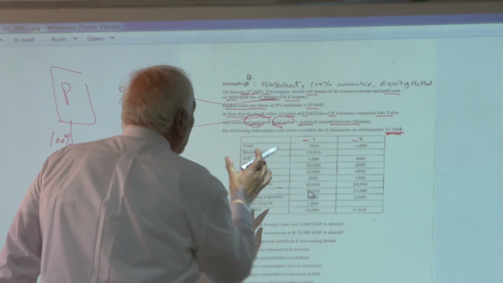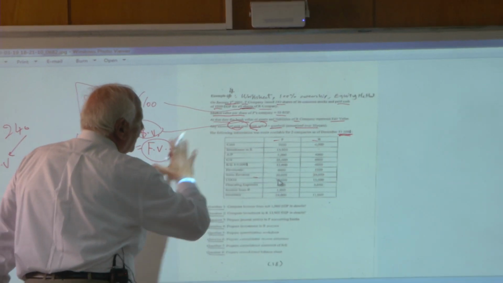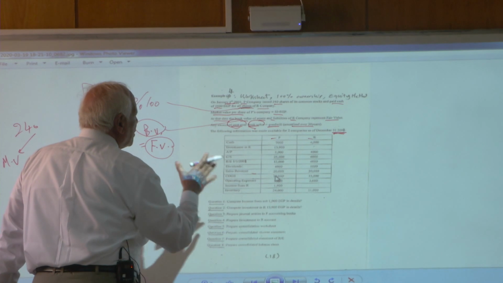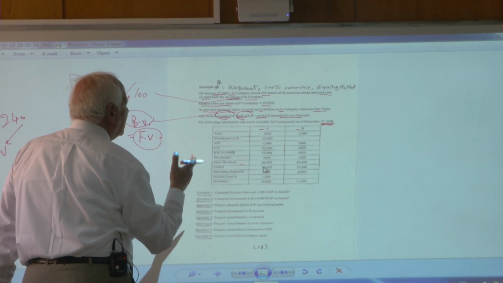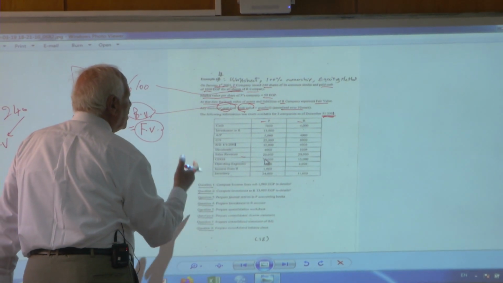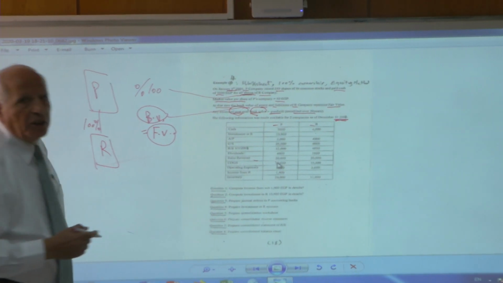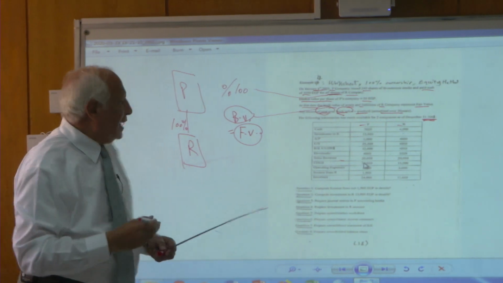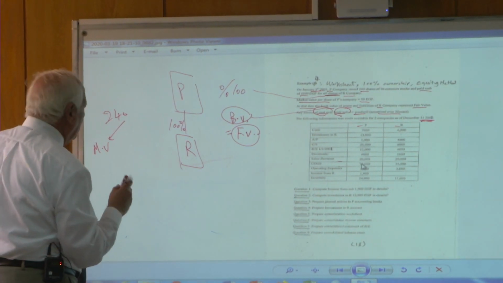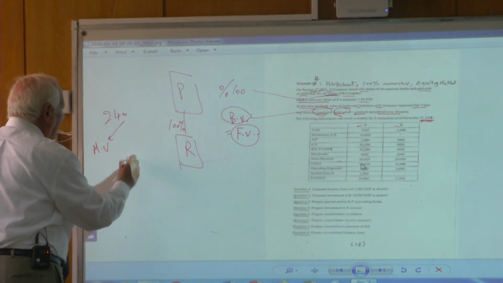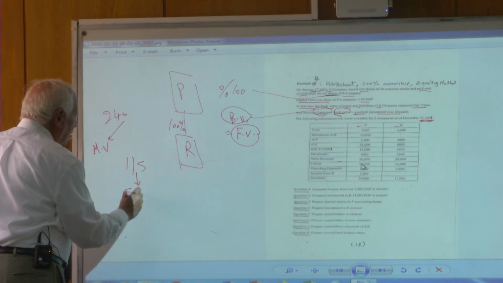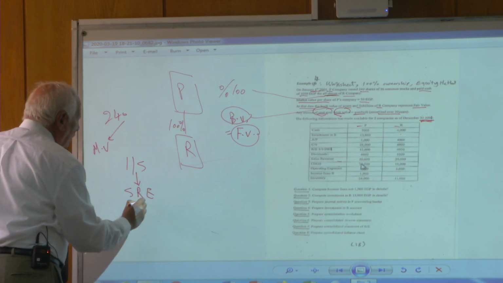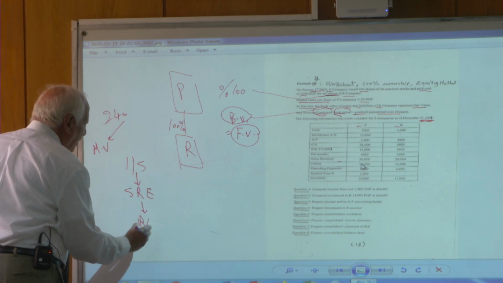The information here is mixed. Some relates to the income statement, some to the statement of retained earnings, and some to the balance sheet.